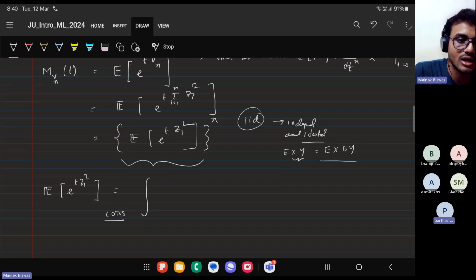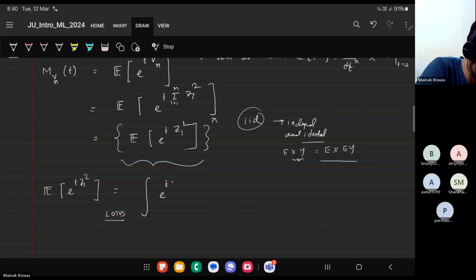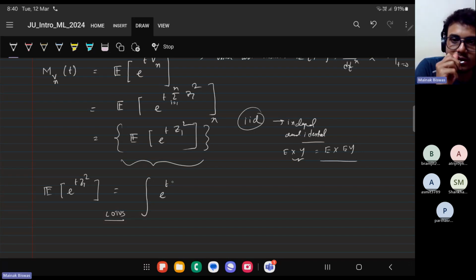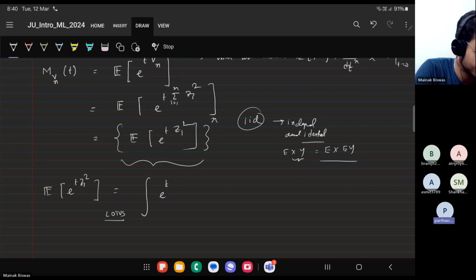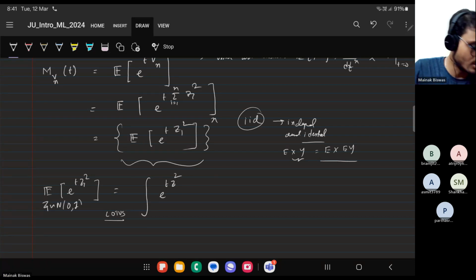So what would be the integral over? e to the power t z square, where let's take a dummy variable z instead of z1, times the PDF dz. What is the distribution of z1? Normal 0, 1. You're using LOTUS.